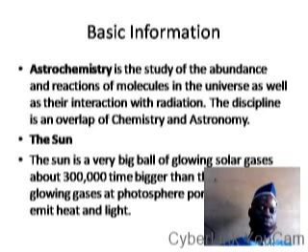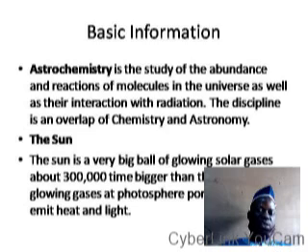The basic information: the chemistry of Earth and space deals with the knowledge of the chemical reactions that take place on Earth and other parts of the solar system, including the Sun. We all know that the Sun and the 9 planets make up what we call the solar system.